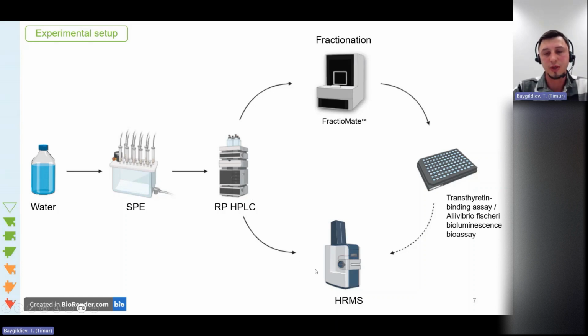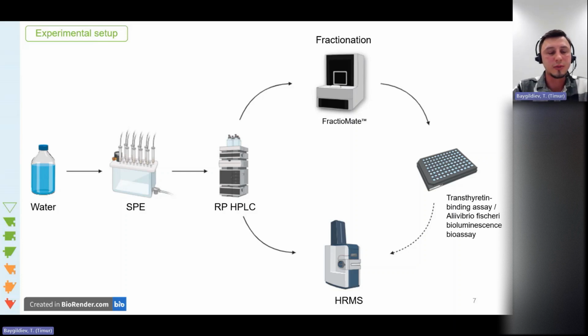The first portion goes to the high resolution mass spectrometer, or HRMS, and the other portion goes to the fractionation device, Fractionate. With the help of Fractionate, the eluent is spotted into the bioassay plates. Then, based on the response detected in the bioassays and the data obtained using HPLC-MS, we can identify these bioactive substances.